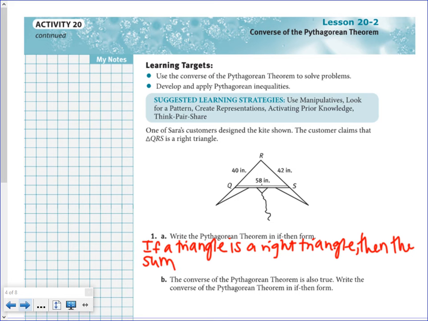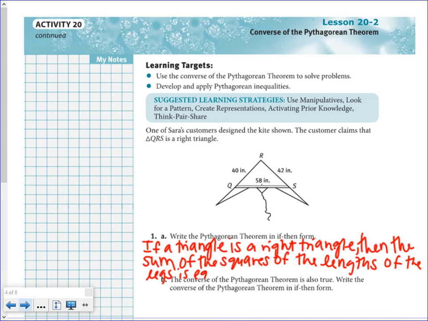Then the sum of the squares of the lengths of the legs is equal to the square of the length of the hypotenuse.